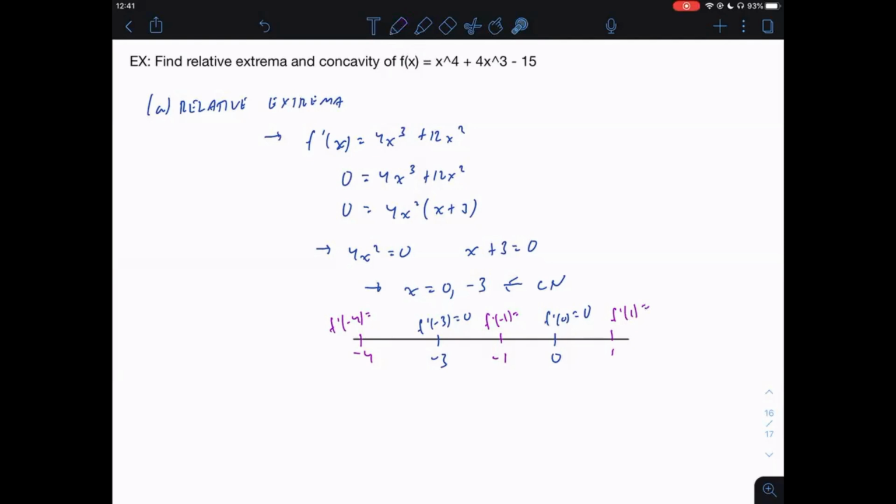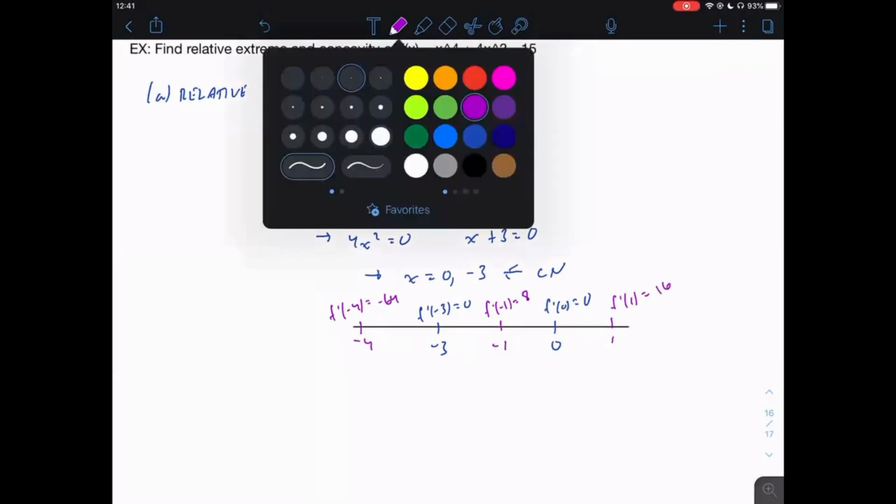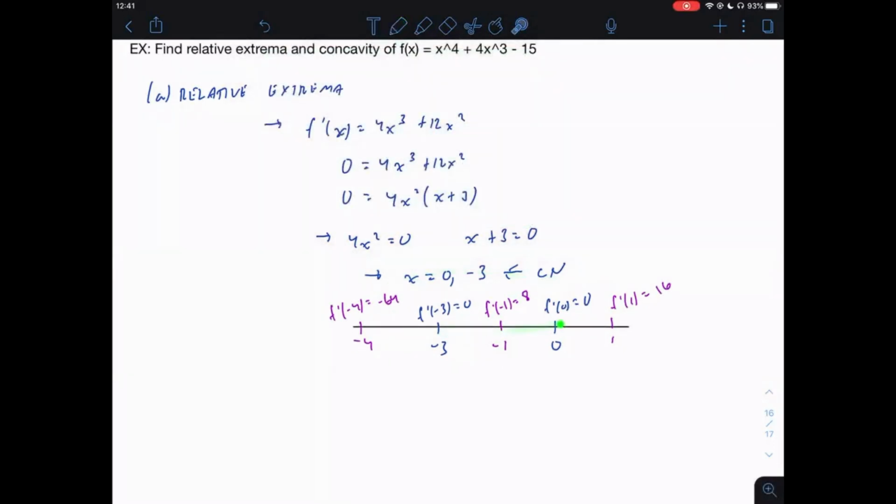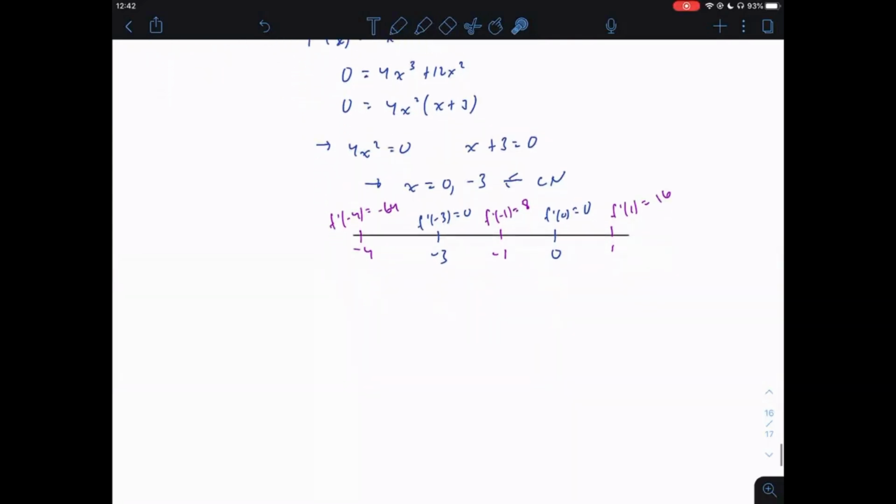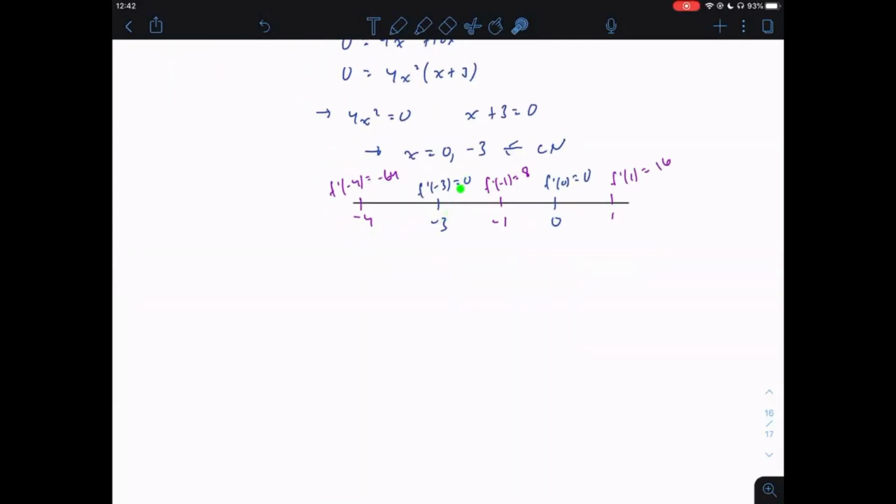If we plug negative 4 into our first derivative, it gives us negative 64. At negative 1, we get positive 8. And at positive 1, we get positive 16. Let's look at what this first derivative test is telling us about the slope, the direction of our function. Before the first critical point at x equals negative 3, the slope was negative, so our function was decreasing.